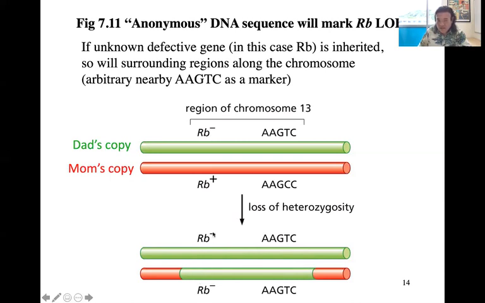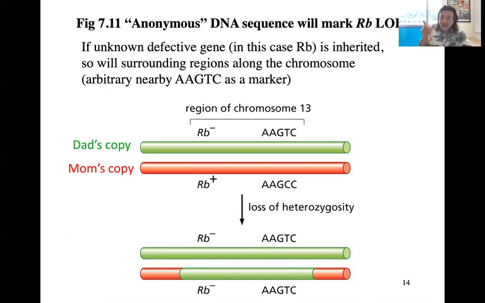So potentially then the defective version of the RB was traveling pretty close to this marker here, because you now see that that marker is retained in the daughter cell, and the daughter cell is now homozygous for this marker. You can imply that it's also homozygous for other genes that travel within that physical fragment of DNA.